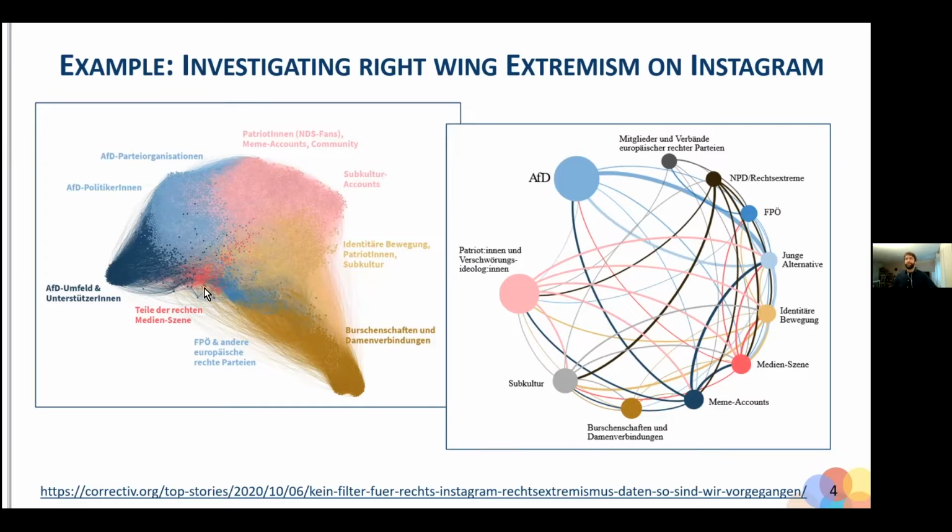Here you see a network graph that was also made with Gephi. This was then constructed into another network visual that you see on the right. This is just to give you an idea about large-scale network analysis.